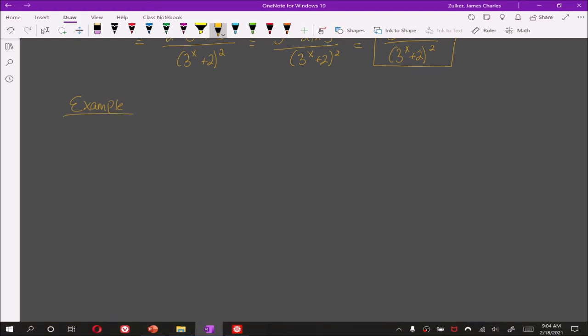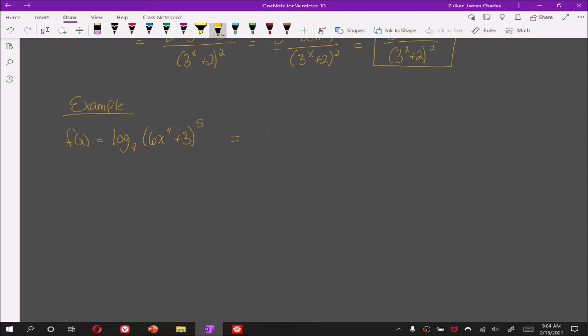Now, let's consider the function f of x equals log base 7 of 6x to the 4th plus 3, to the 5th power. What we should do here first is try and simplify this as much as possible.